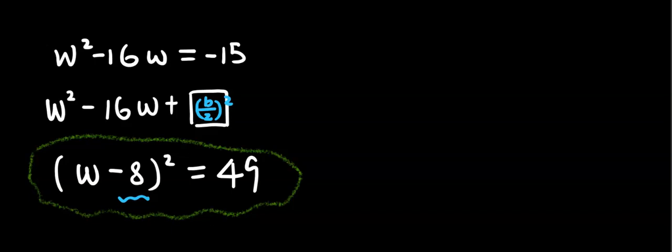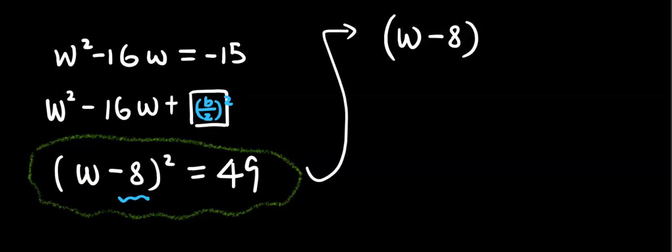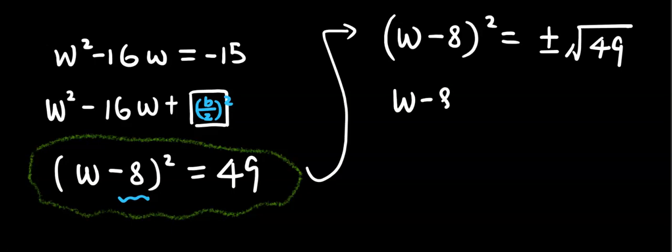So if we take the square roots of both sides, our next step, we're going to have w minus 8, open close parenthesis. Remember, this has to have 2 roots. Therefore, it's positive and negative square root of 49.